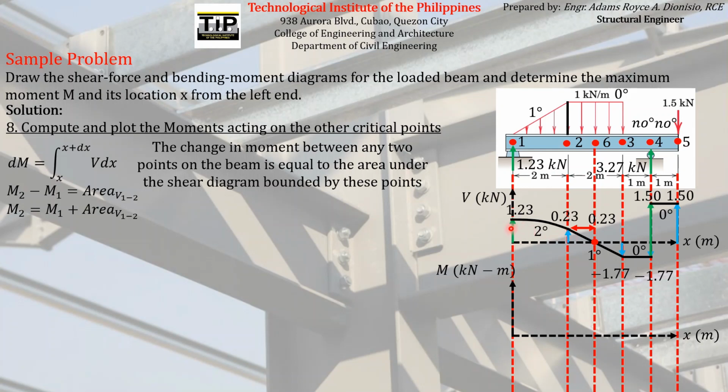And then the height of the second degree curve, which is a parabola. The height will be this height, 1.23, minus this height, which is 0.23. So that is just equal to the difference of these 2 shear forces, which is just equal to 1. And then the length of the parabola is again 2 meters.